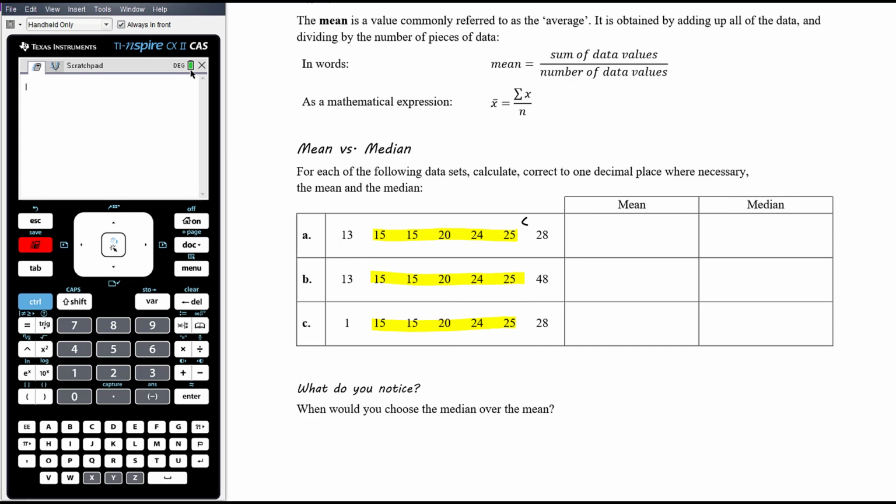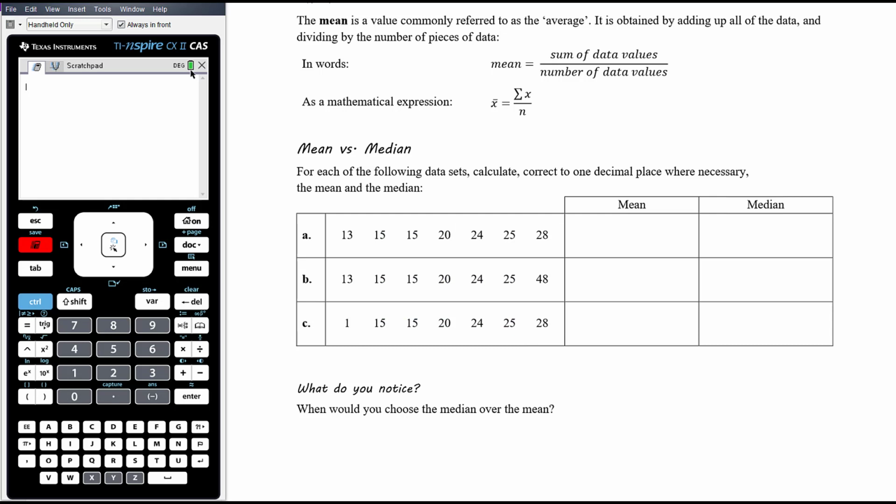In part B, the second data set, I've kept 13 as it is, but I've made the upper value much larger. And in part C, I've kept 28 as it is, so it's still quite close to the data set, but I've made the minimum value much lower. And we want to have a look at the impact of that on the mean and the median.